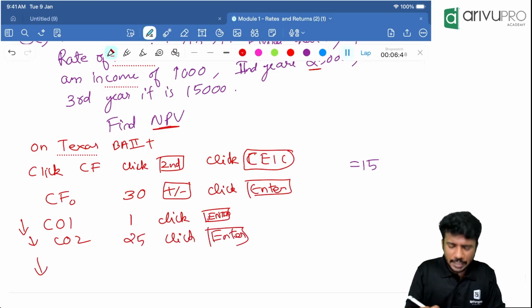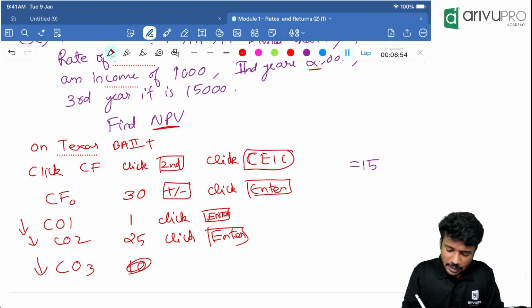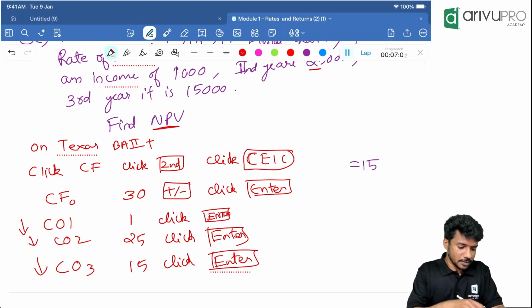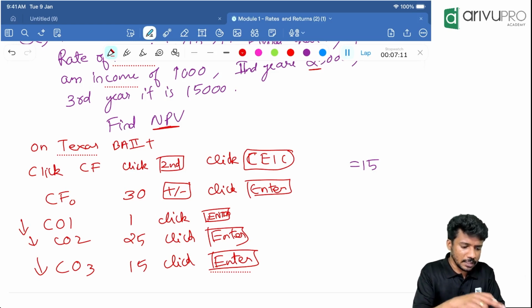Then come down again. F02 is anyway 1. Then C03 is how much? C03 is 15. Type 15, then click enter. So C02 is 25, click enter, come down, C03 is 15, then click enter.